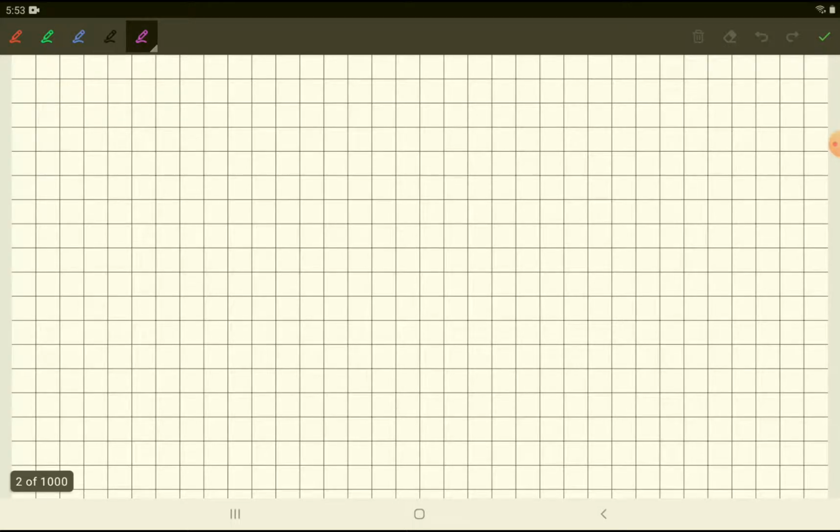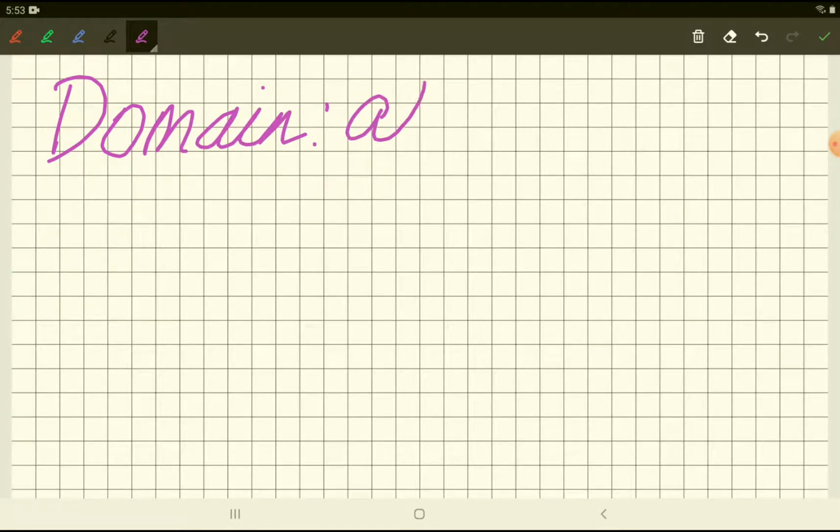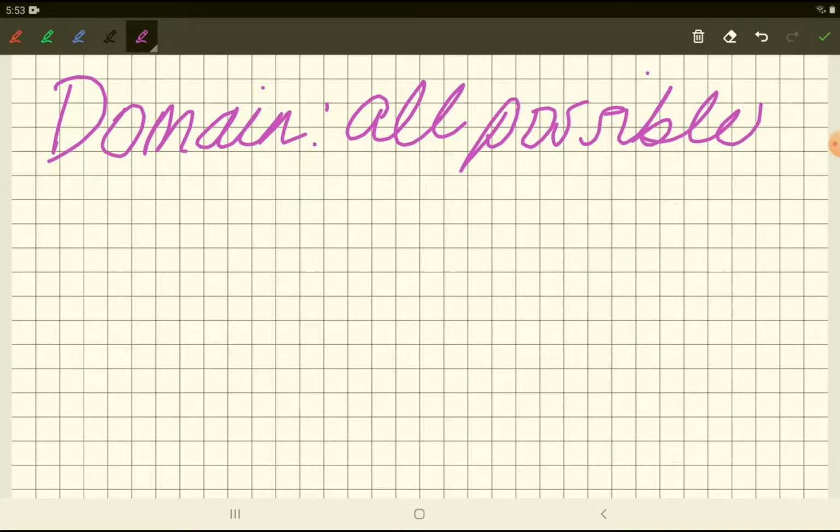Without further ado, let's get some vocab out of the way. Domain: all possible x values.